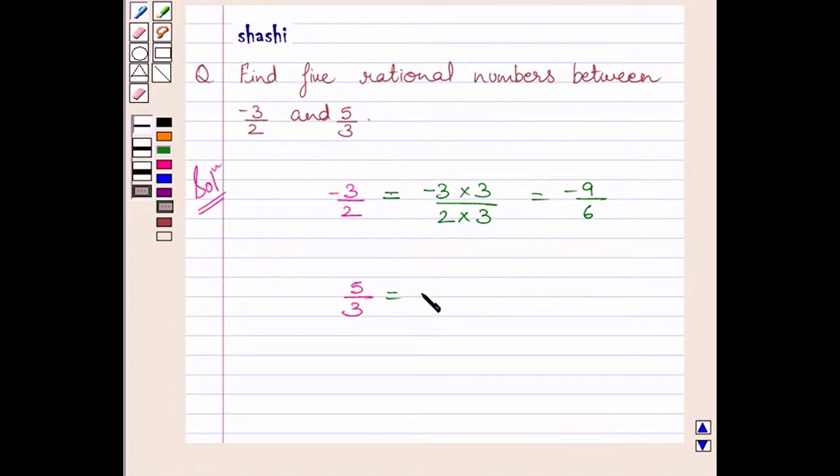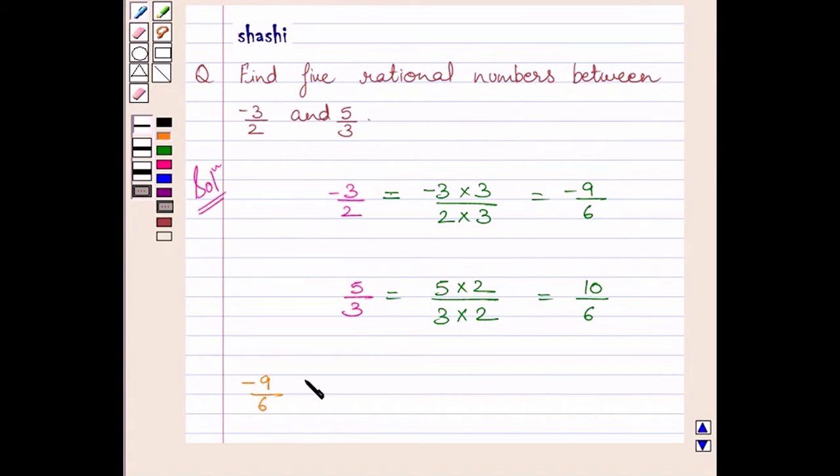And multiplying numerator and denominator of 5 upon 3 by 2, you get 10 upon 6. Now, these two rational numbers have same denominator. So, it is very easy to find out any 5 rational numbers between them.